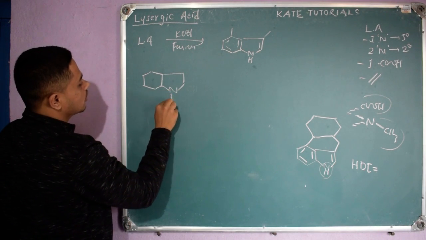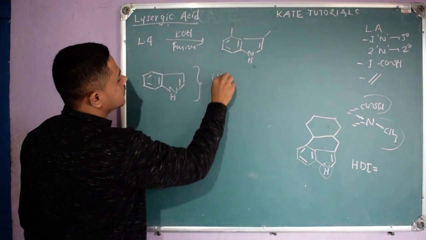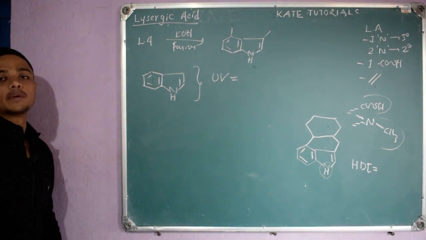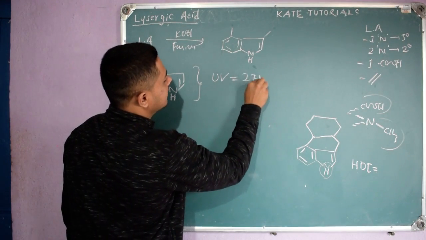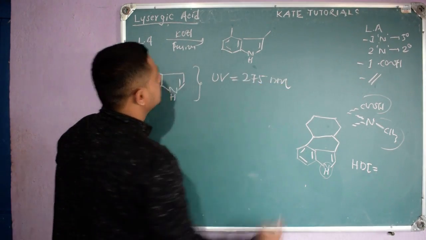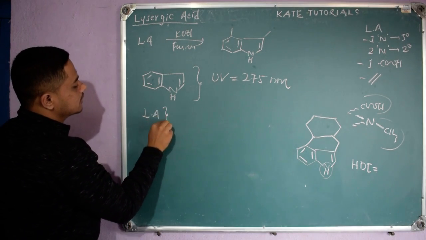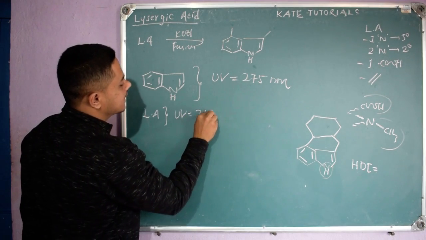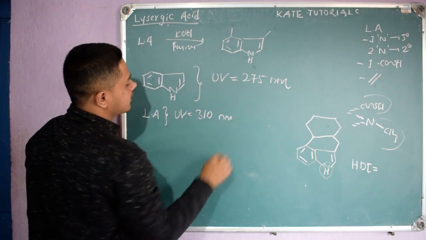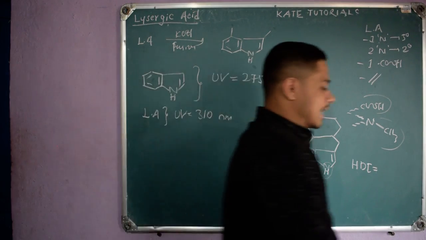They took this indole, and they did UV spectroscopy on this indole, and they observed it at 275 nanometer, right? And they took this lysergic acid, and they did UV spectroscopy, and it was observed at 310 nanometer, right? So what did they conclude?